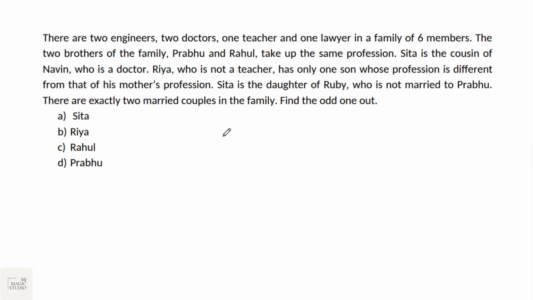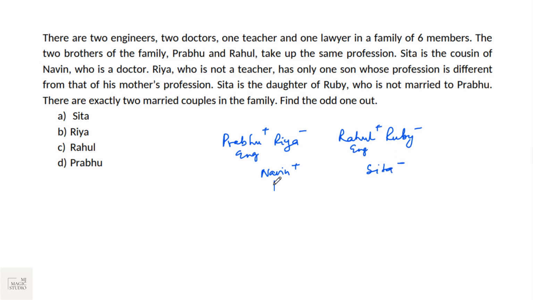Now again we can see the same data. So what we have produced in this was Prabhu is married to Riya and their son is Naveen. And we have got Rahul, that is married to Ruby, and their daughter is Sita.